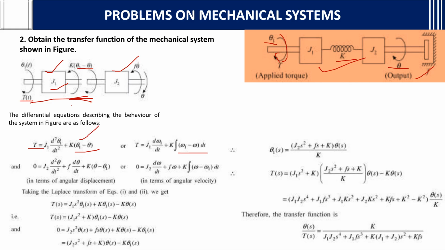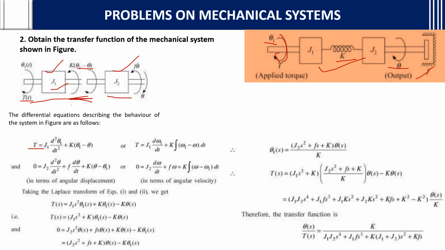Why? Because angular displacement can be written in terms of angular velocity also. Understand how we write displacement in terms of velocity. Please understand this. In the table I told the differences of what we need to consider. If you keep that table in mind, which I made in the previous video, the comparison between the translational systems with force voltage and force current analogy, you will understand.